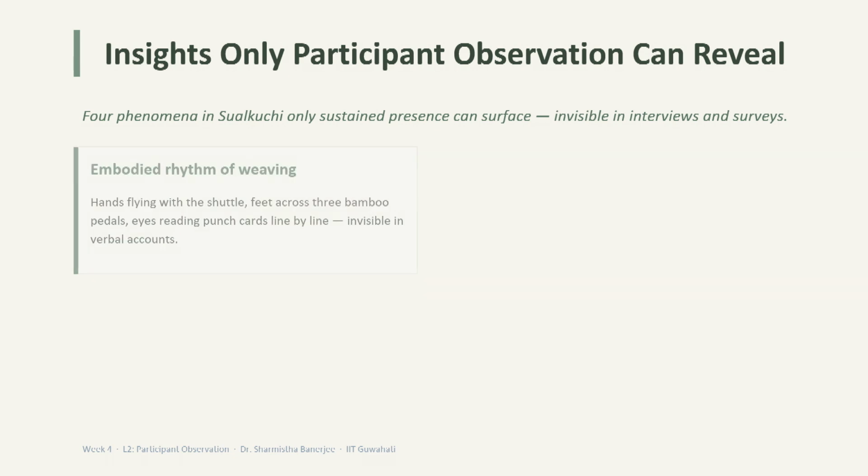So, here are some of these insights. What we identified was an embodied rhythm of weaving: hands flying with the shuttle, feet across 3 bamboo pedals, eyes reading punch cards line by line, invisible in verbal accounts.